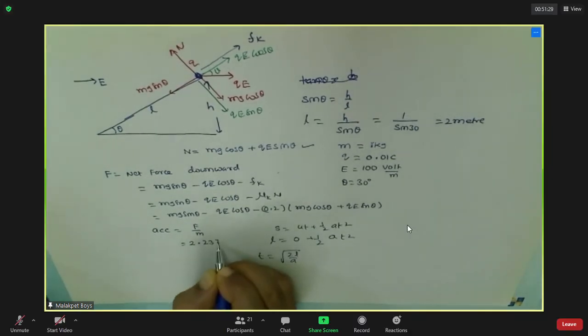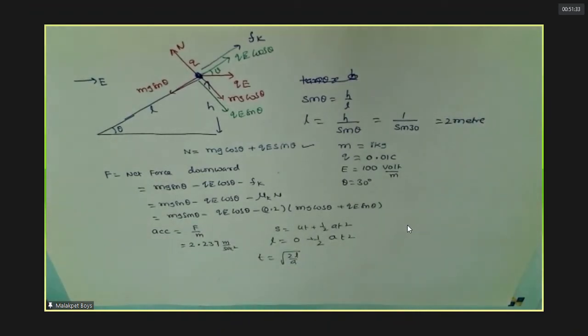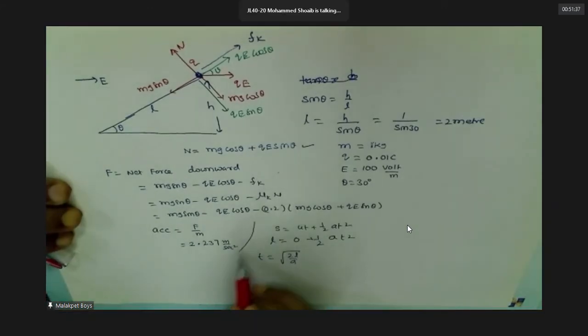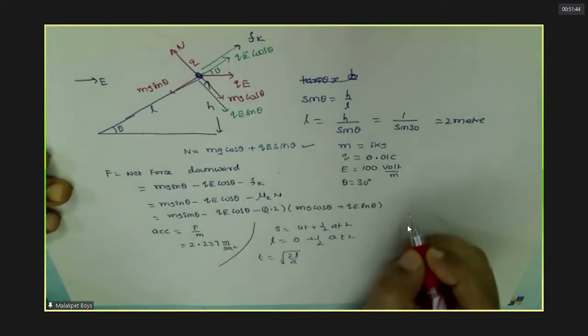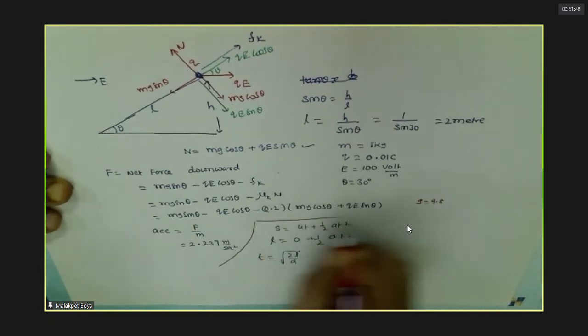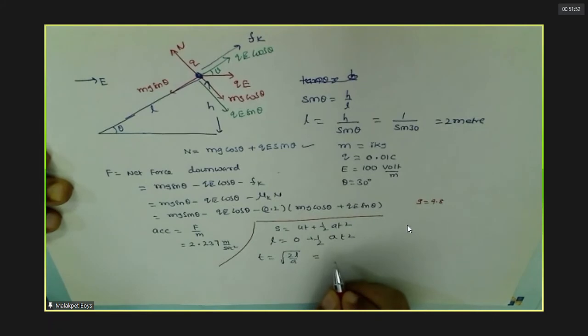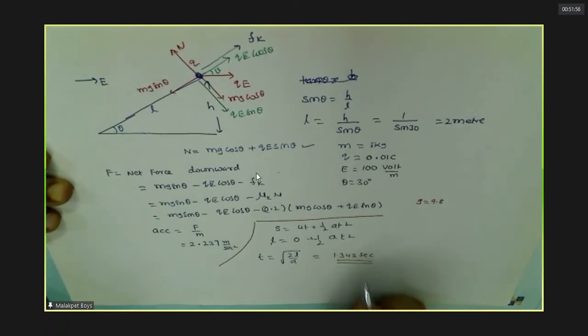It's better if you have a calculator, you can use that. Sir, should we take g as 9.8 or 10? Nothing is mentioned, so g should be taken as 9.8 only. If you use a calculator, you'll get it here.